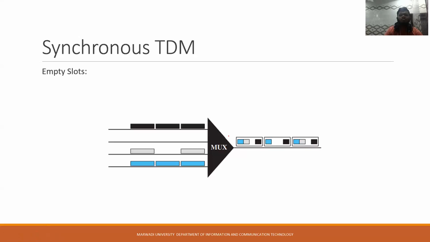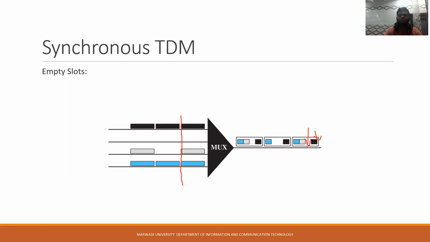But in a practical case, we might not have data to send. For example, here in the first case, the second input doesn't have any data to send. So we have the first output slot, but the second output slot is empty.